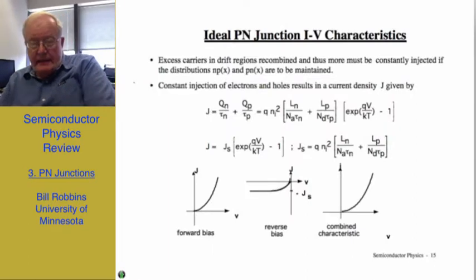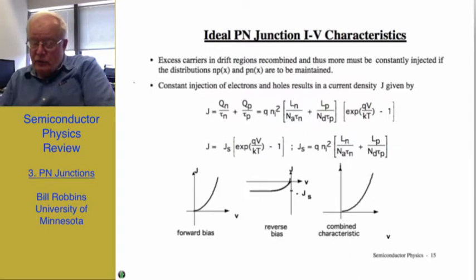In order to maintain that excess carrier density, I know that the excess holes are subject to recombination. To maintain a steady state distribution, I have to constantly bring in more holes on the n-type side and more electrons on the p-type side. So bringing in those electrons and holes means I have to have a current flow.